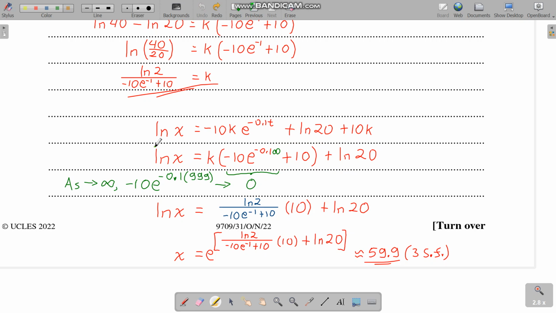This is as t approaches infinity, actually. So as t approaches infinity, we have minus 10 e to the power of minus 0.1 times infinity.